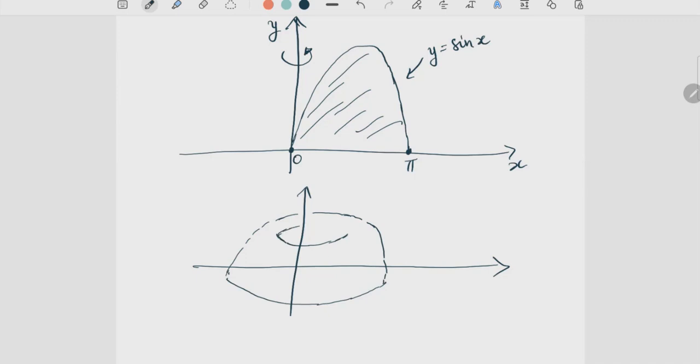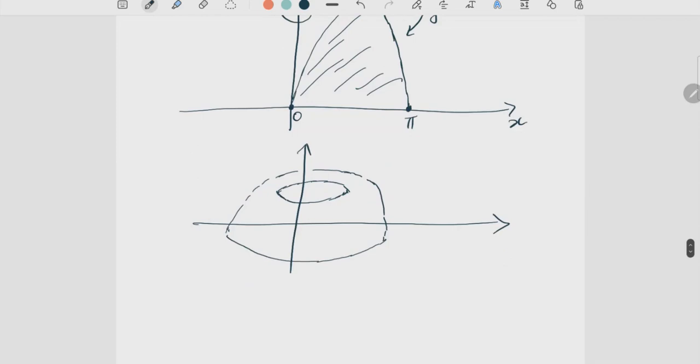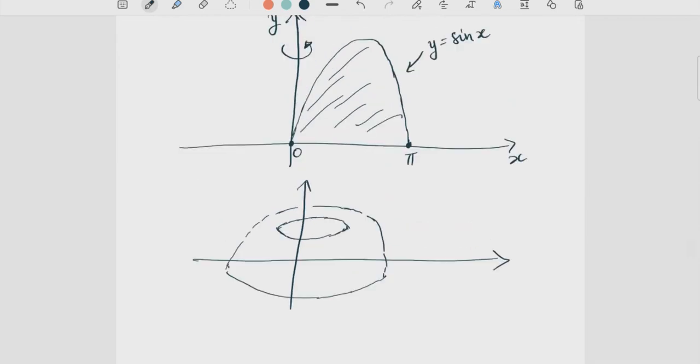You would have something that looks like that. Like I said, it's difficult to represent in 3D space, but it would look something like that, and you could try to imagine it in your mind as well. Maybe that makes a little more sense than me trying to represent it graphically on a 2D paper.